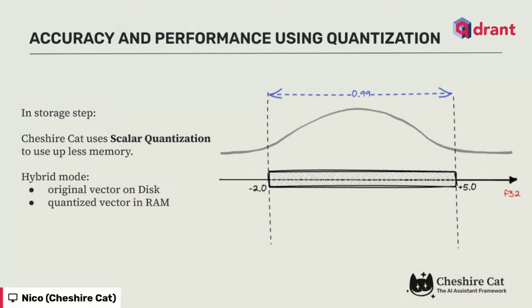The scalar quantization is used in the storage step. The vectors are quantized and stored in hybrid mode: the original vector on disk, the quantized vector in RAM.